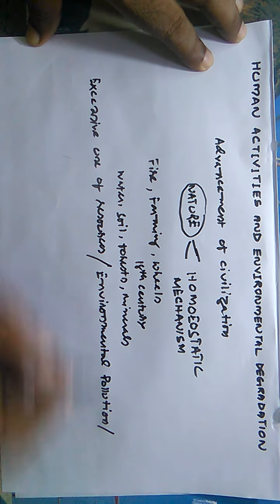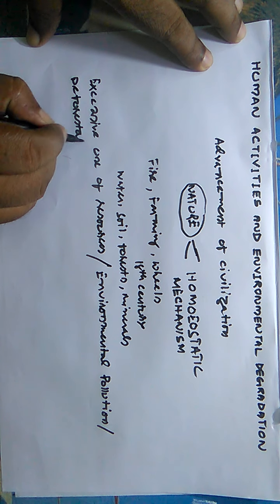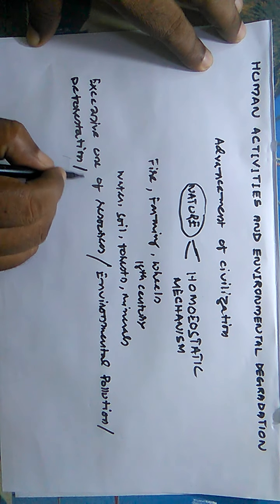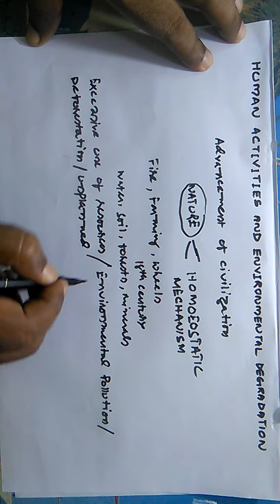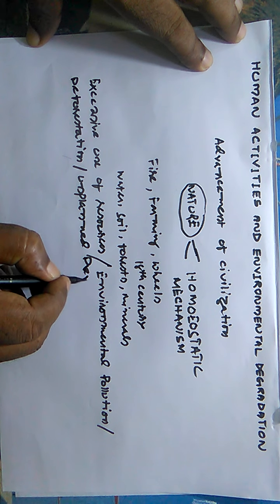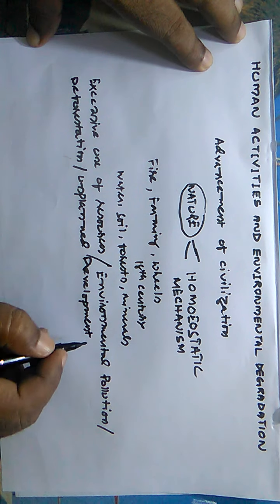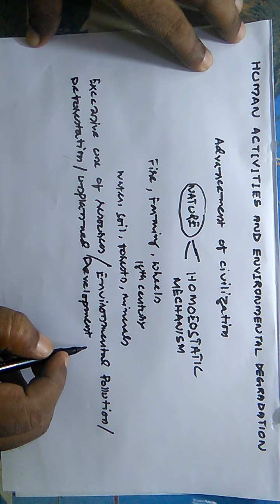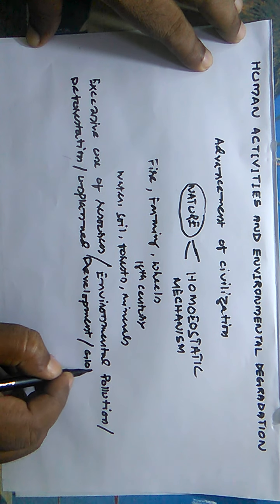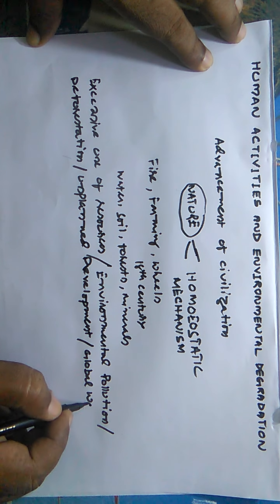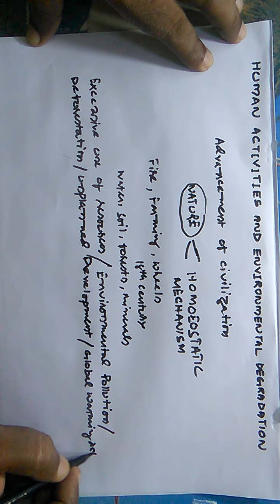Along with that, it has resulted in deforestation. It has resulted in unplanned development, that is, cities have mushroomed without any proper plan. It has resulted in what we call global warming and climatic change.